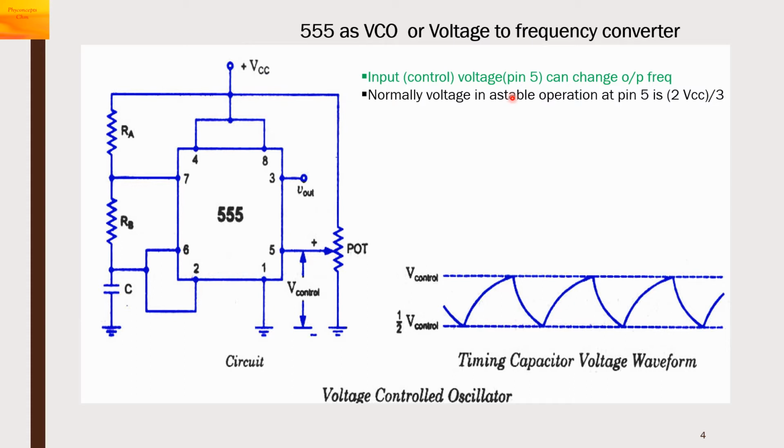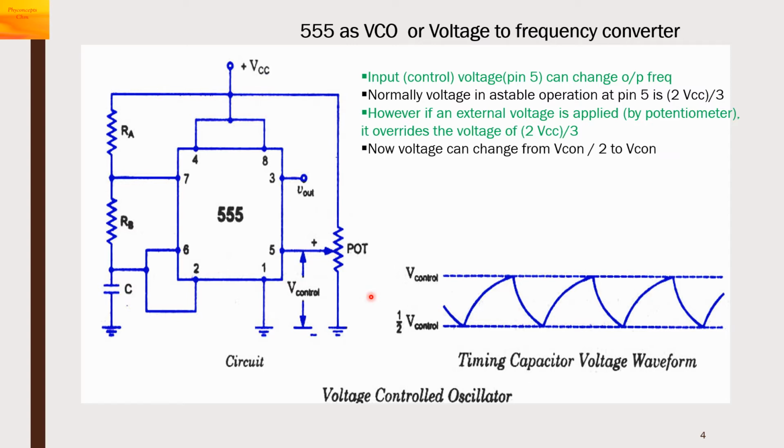Normally the voltage in astable operation at pin number 5 is 2 VCC by 3. However, if an external voltage is applied with the help of this potentiometer, we can change the voltage at pin number 5 so that it doesn't remain fixed at 2 VCC by 3. So when you use this potentiometer, it will override the voltage of 2 VCC by 3.